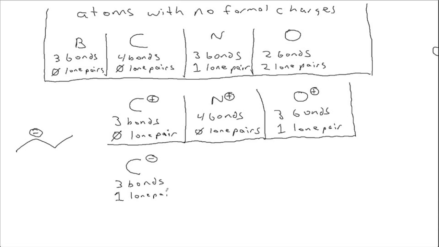It should certainly make sense that it's going to have more electrons than the carbocation. The way it has more electrons is by having a lone pair that the carbocation didn't have. So a carbon with a negative charge has 3 bonds and 1 lone pair. Does this have an incomplete octet or a complete octet?